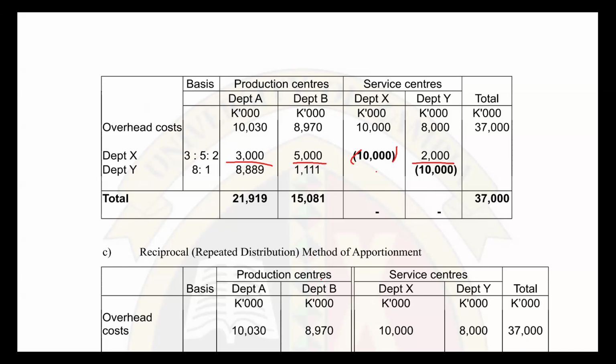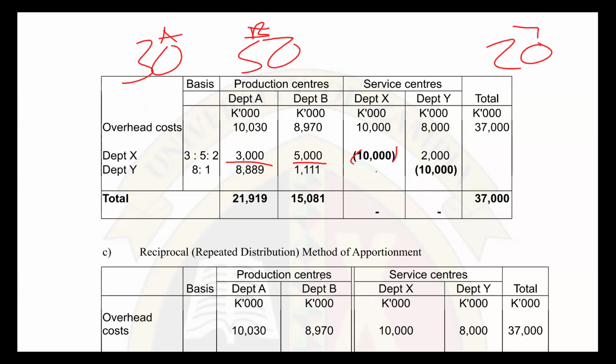But what are the bases of apportionment? Basically, we saw that to A should be 30%, 50% to B, and 20% to Y, right? That is what we saw in the previous slide. We are still using the same basis. So what we are going to do now, this 10,000, we're going to share it. To A, you just say 30 divided by, now the total is 100, isn't it?